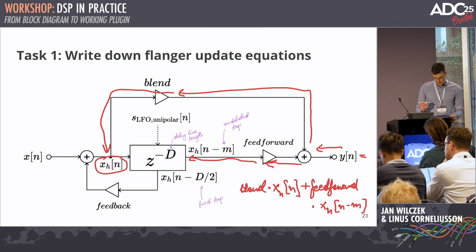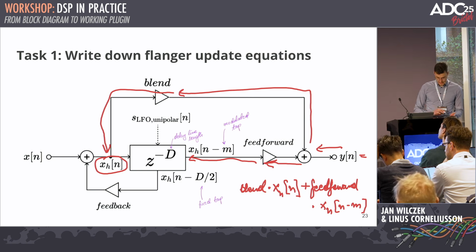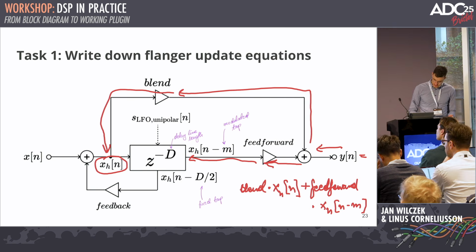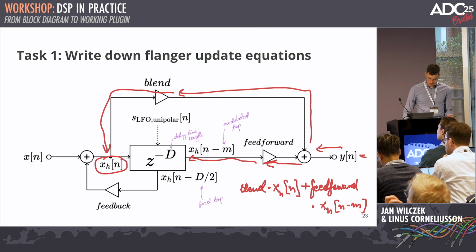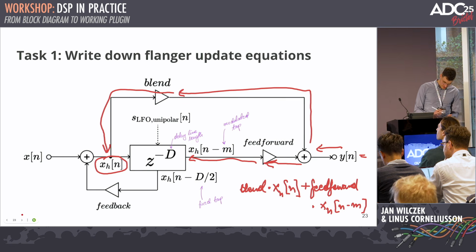Okay, now what is xh of n? We don't want just xh, right? We want x of n. And now this is another trick here that I introduced, because, let me switch. Yeah, spoiler alert. We have a feedback here.